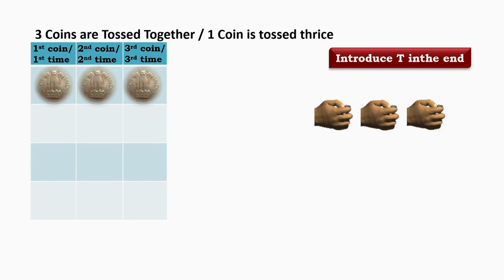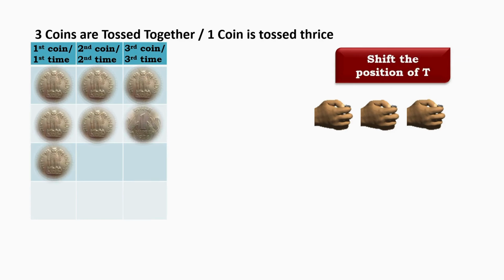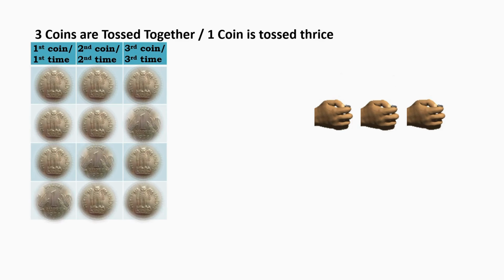Now let us introduce tail in the end. That means in the third coin we will get tail, and in the other two coins we will get head. Now we are going to shift the tail position.